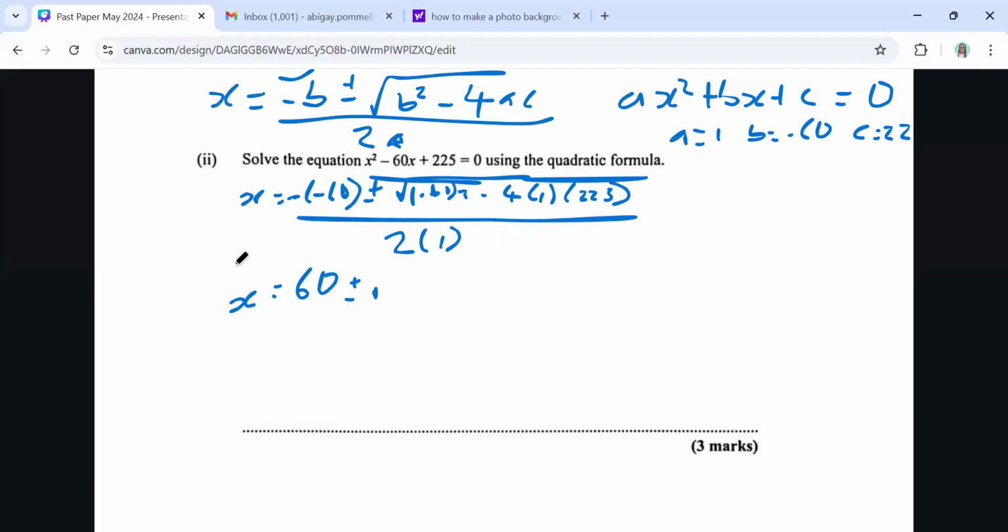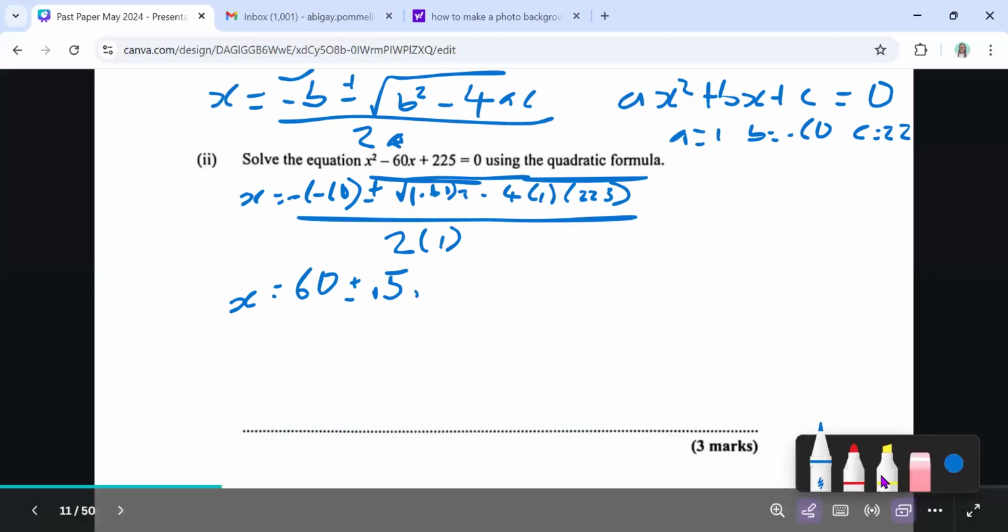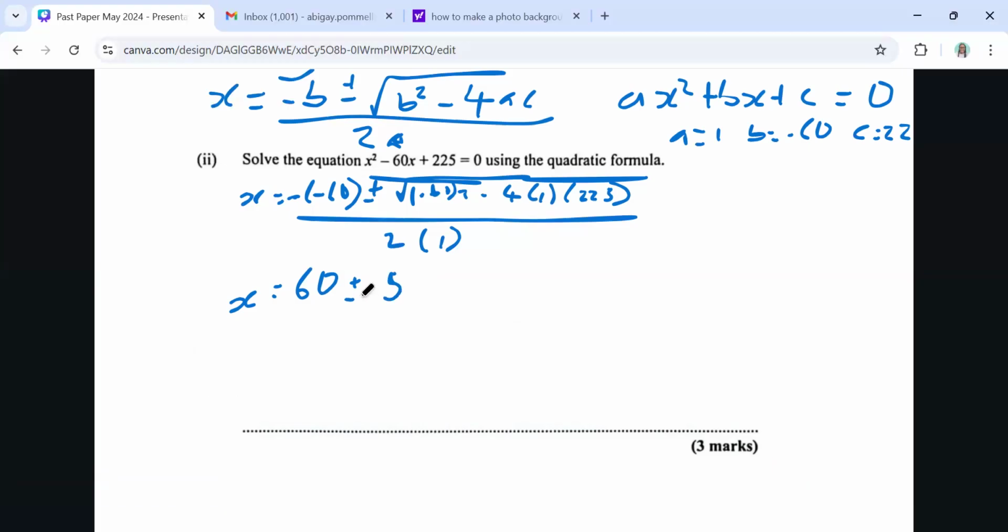And my answer should be 551.96. All right, over 2 times 1, which is 2.